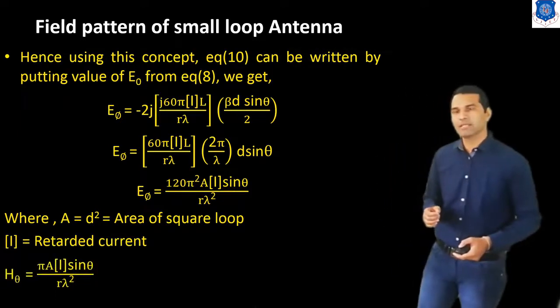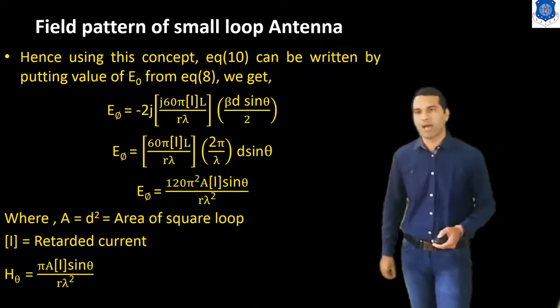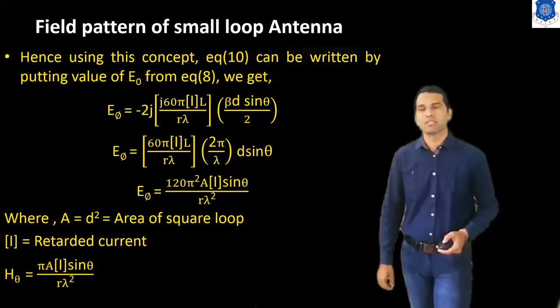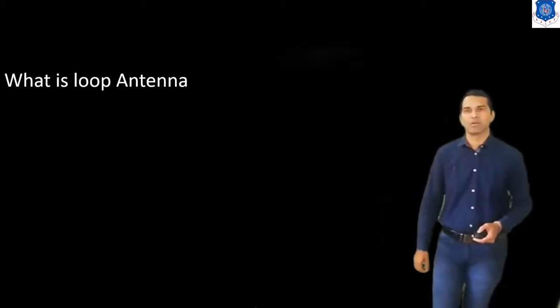And H theta, we know, is pi A I sin theta upon R lambda squared. So this is the E component and the H component.